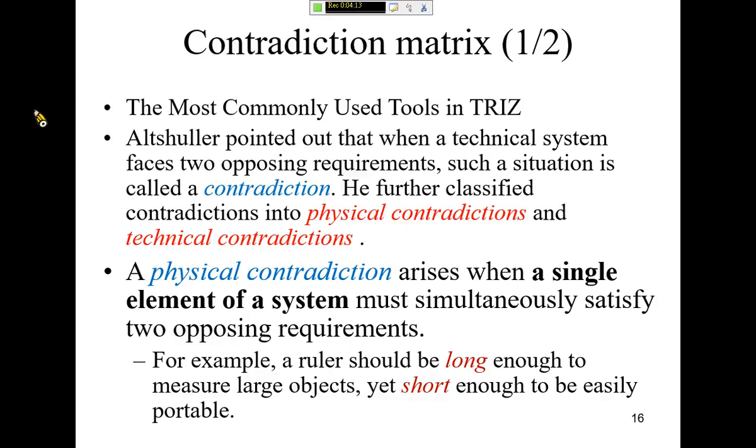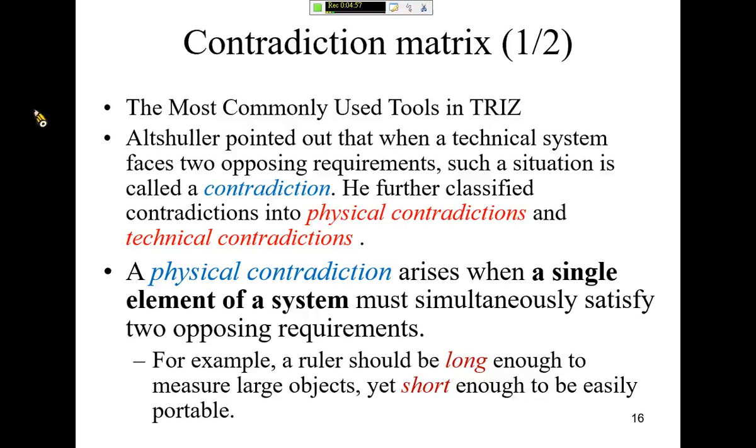What is a physical contradiction? A physical contradiction arises from a single element of a system that must satisfy two opposite requirements at the same time. For example, a ruler is a tool to measure something. A ruler should be long, so it can measure large objects, but it has to be short enough to be easy to carry.